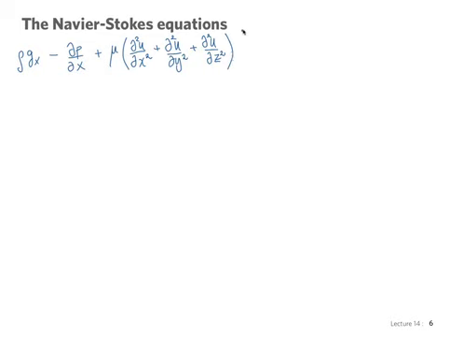It's called the Laplacian. I will write it out in a moment. And on the right-hand side, we still have the acceleration terms. We haven't done anything to those, the same way we had them before. Du/dt, and we have the convective acceleration terms, u du/dx plus v du/dy plus w du/dz.